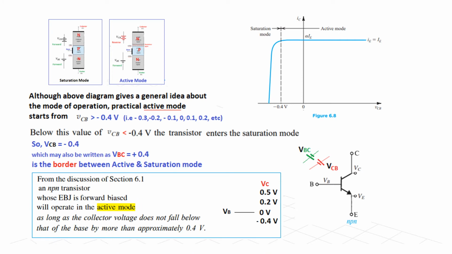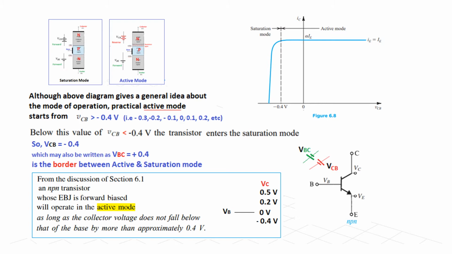There is another way of saying that as long as the collector voltage does not fall below that of the base by more than 0.4, the transistor will be in active mode. So let's see from here.